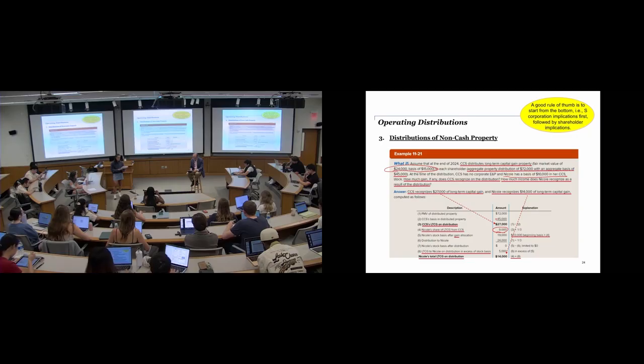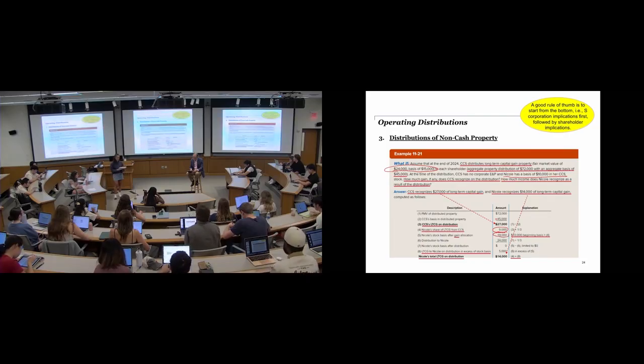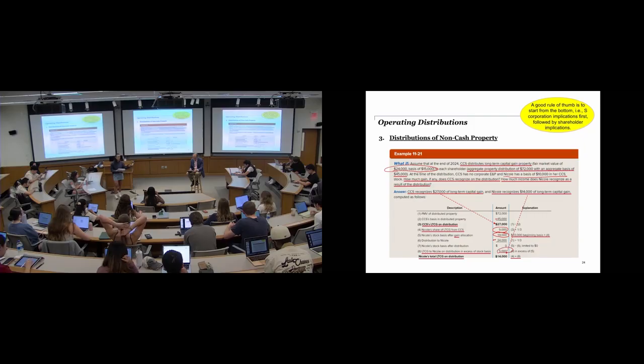First we increase her basis in CCS to account for her proportional share of the 27K gain, so that increases her tax basis in CCS to 19K. Since she received 24K, which is greater than 19K, that brings her basis in CCS down to 0, and the excess 5K is the second component of her long-term capital gain. So ultimately, she's going to recognize 14K long-term capital gain, which is the 9K plus 5K.